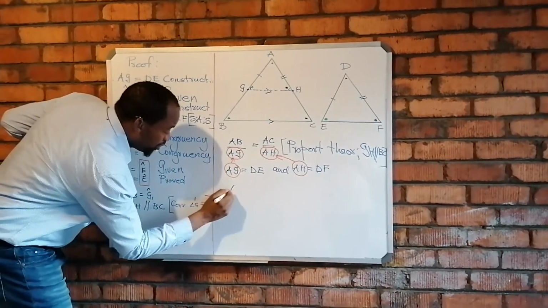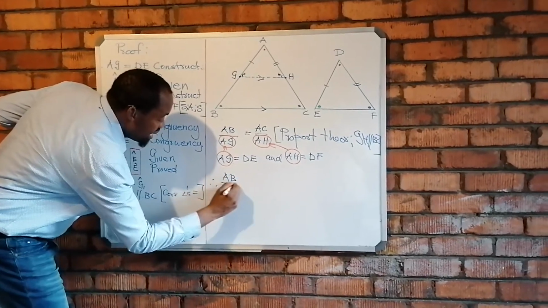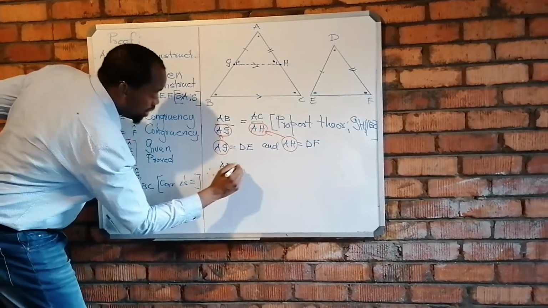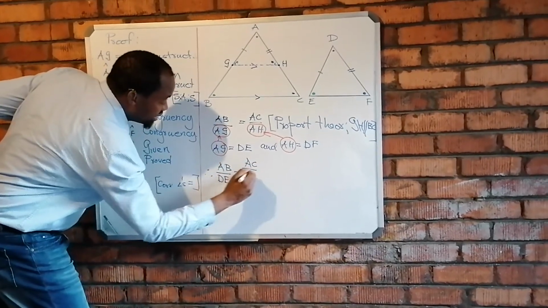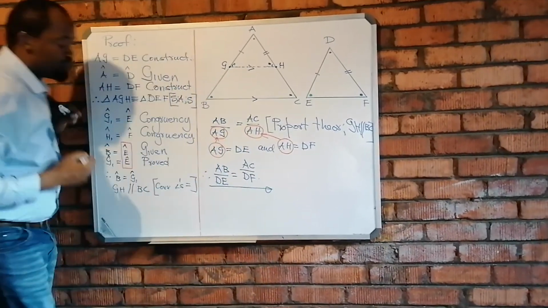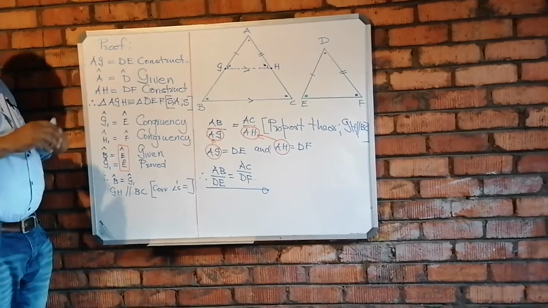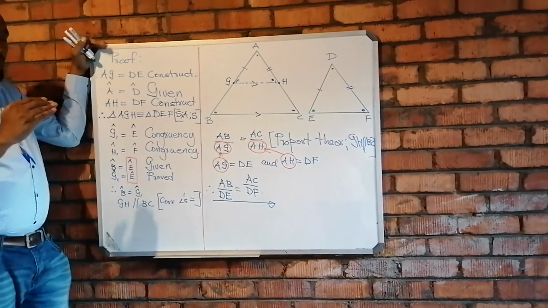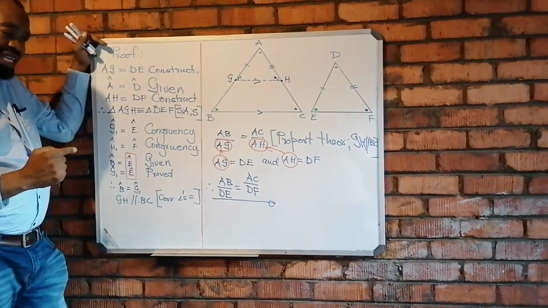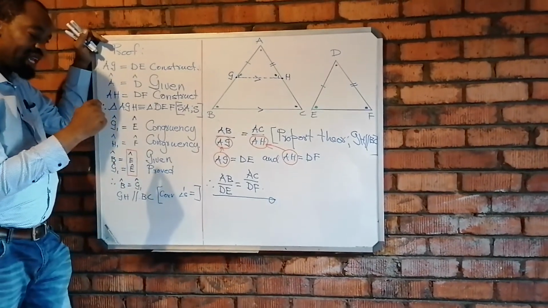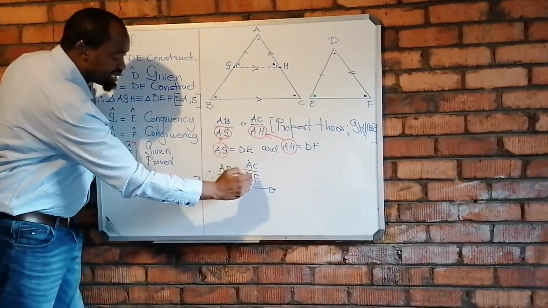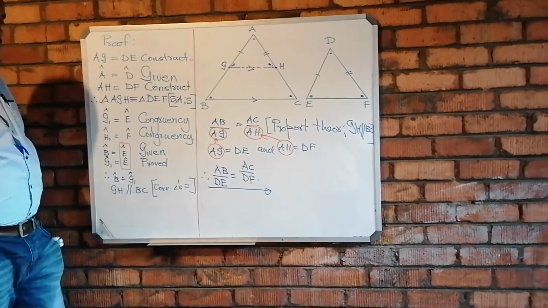Therefore, beautifully, AB divided by DE is now the same as AC divided by DF. We have proved the theorem that states that two or more triangles are similar provided their corresponding angles are equal and the corresponding sides are in the same proportion.